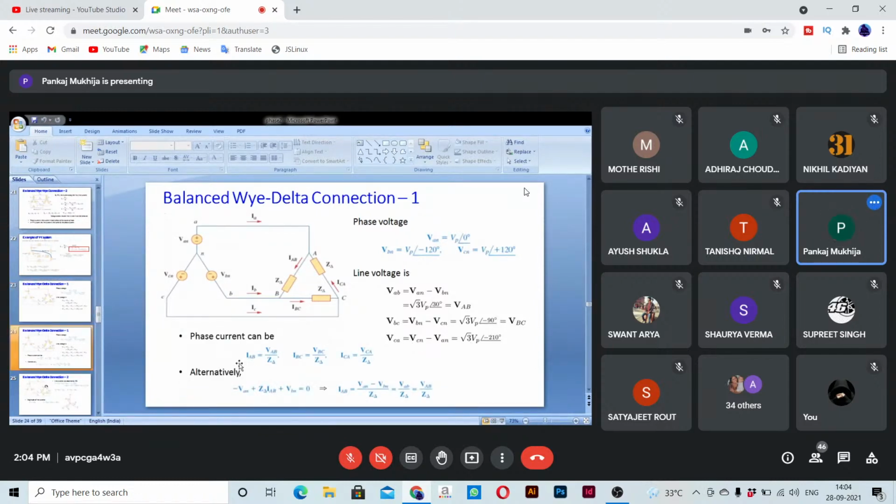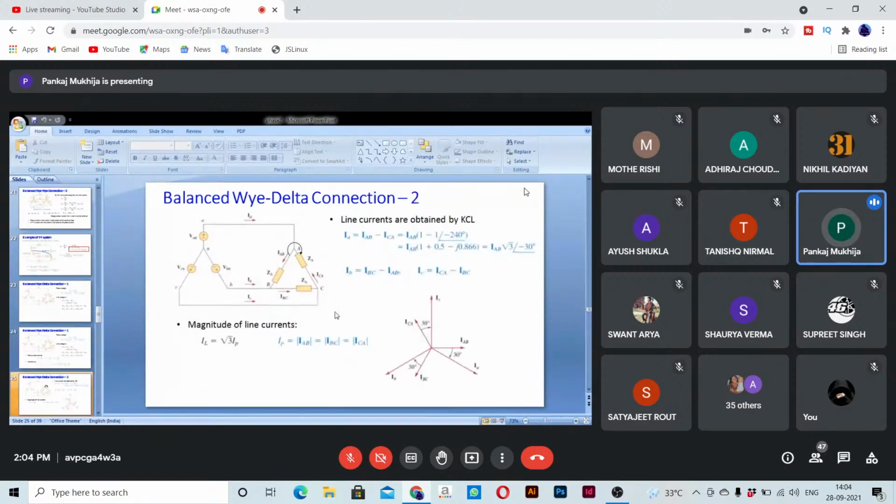Phase currents you can find out from this. IAB is VAB by Z delta, where Z delta is the impedance of each branch of the load side. Similarly you find IBC and ICA. Of course the alternate way is to just apply KVL and get IAB, but both are the same, so that's not an issue.